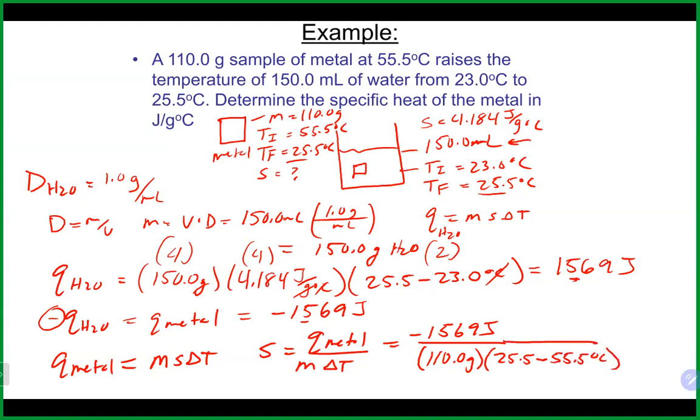And if we do that, we will end up with 0.48. The units here do not cancel, so joules per gram per degree Celsius is the specific heat capacity.